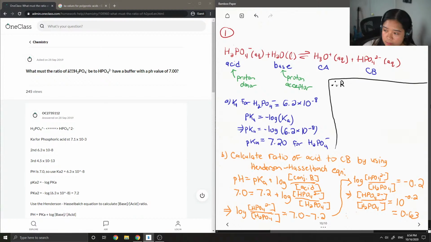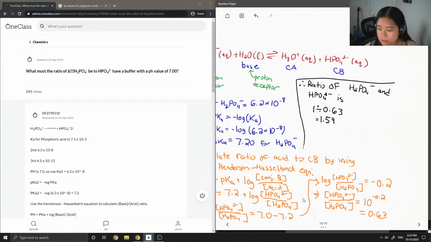So therefore, it's going to be 1 divided by 0.63 just to get the ratio of our acid on top. It's going to be 1.59.